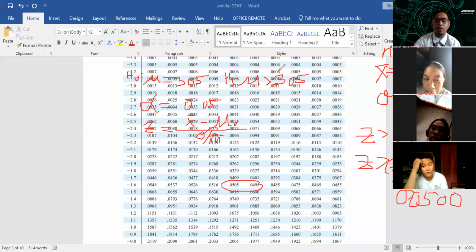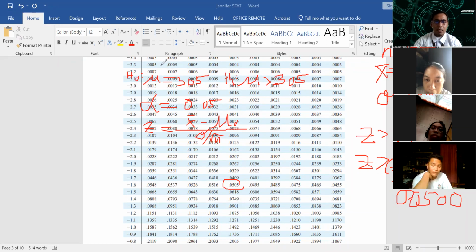So that is negative 1.64. By the way, you neglect the sign. You just get the value 1.64, right?